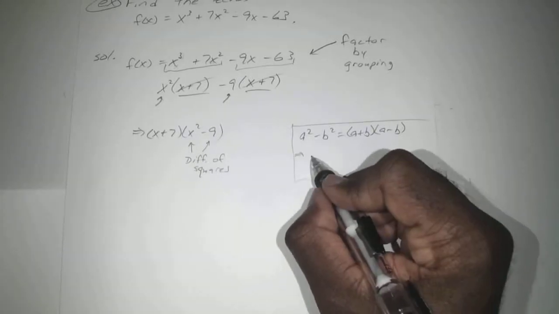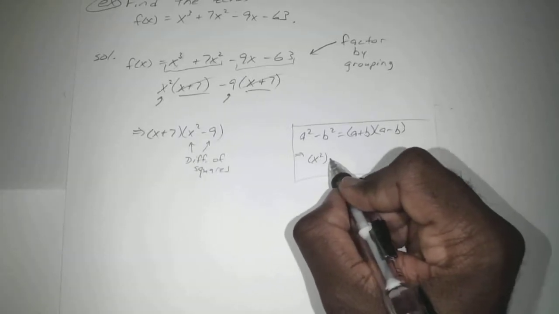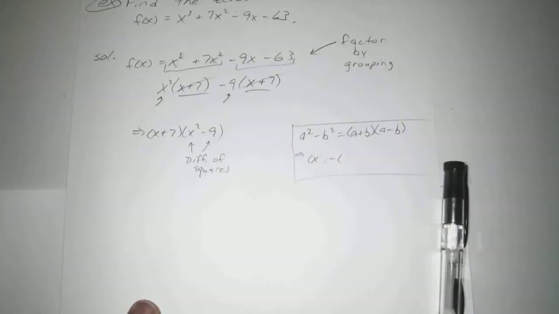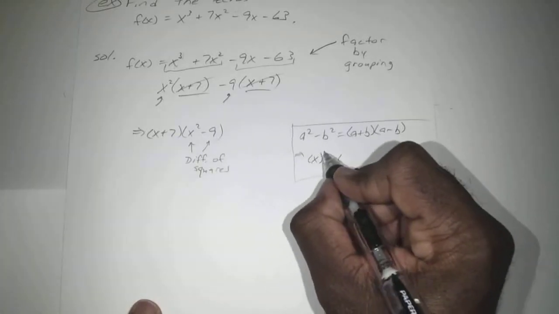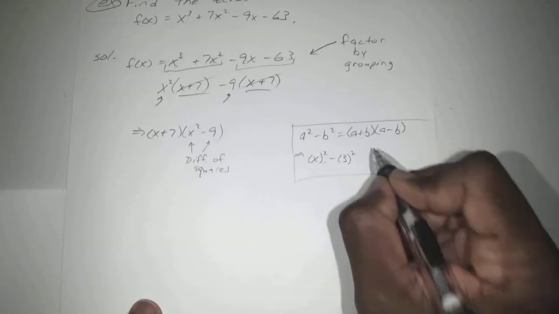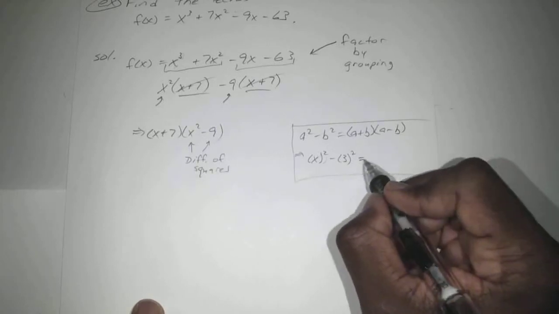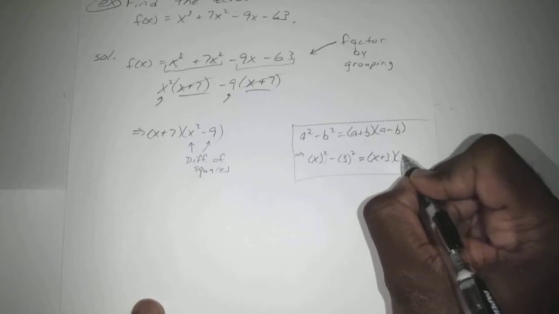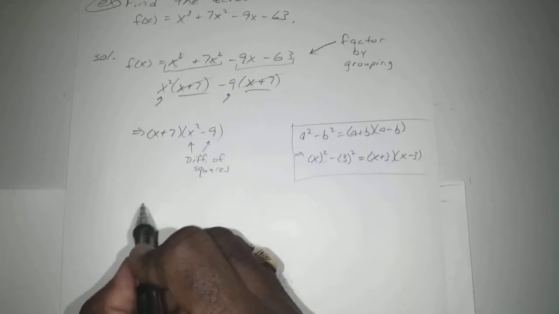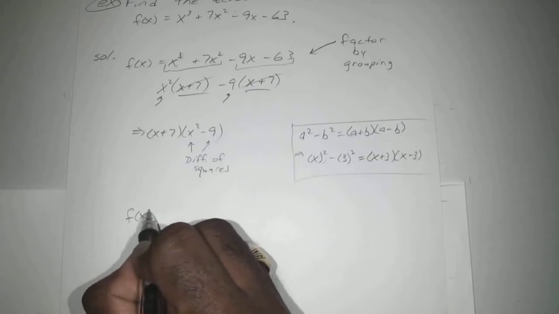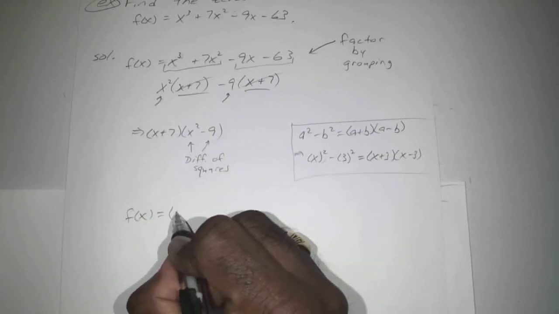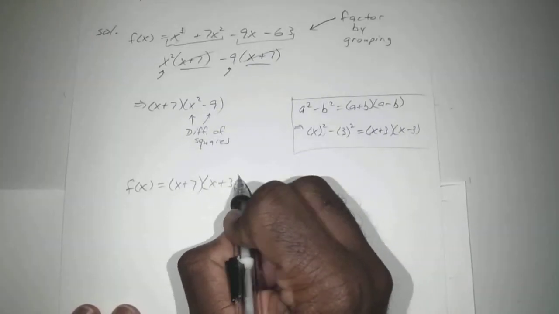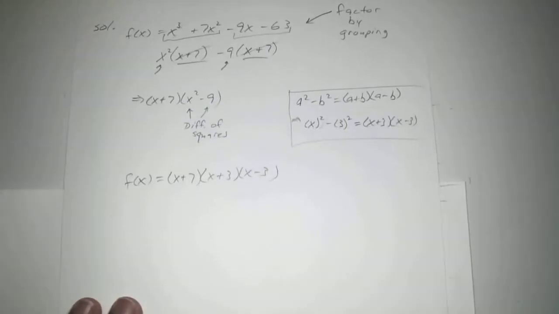So that means, if you write that as x squared minus 3 squared, that would just be x plus 3 times x minus 3. Okay, so now we know our f of x is equal to x plus 7 times x plus 3 times x minus 3.